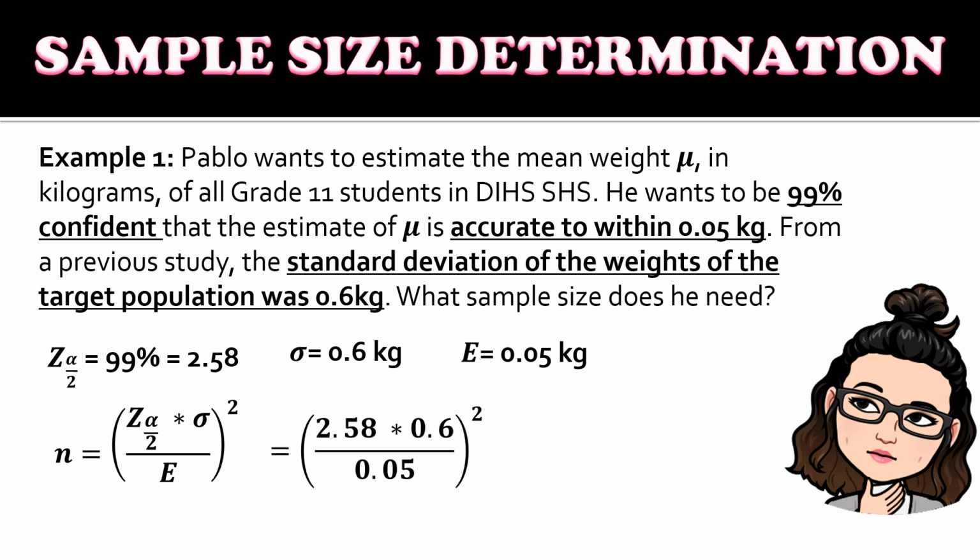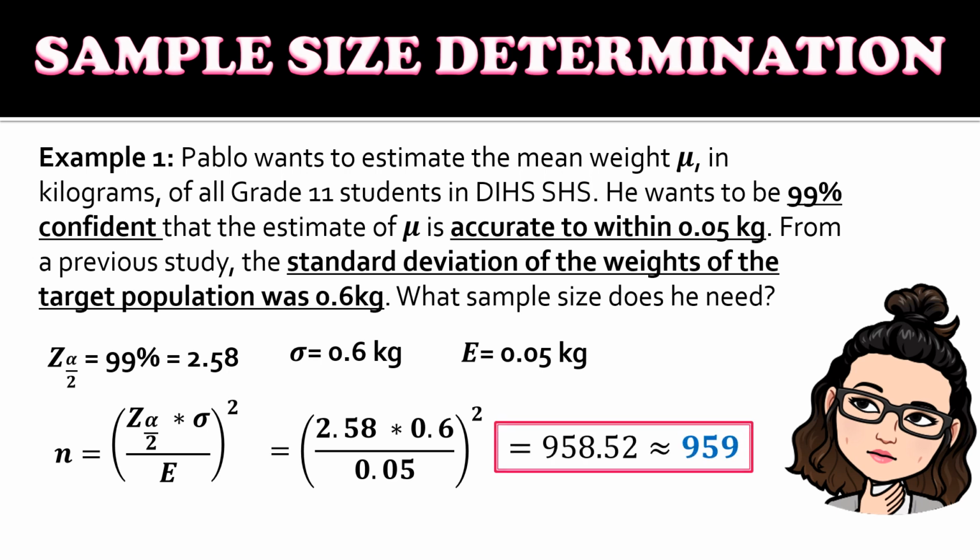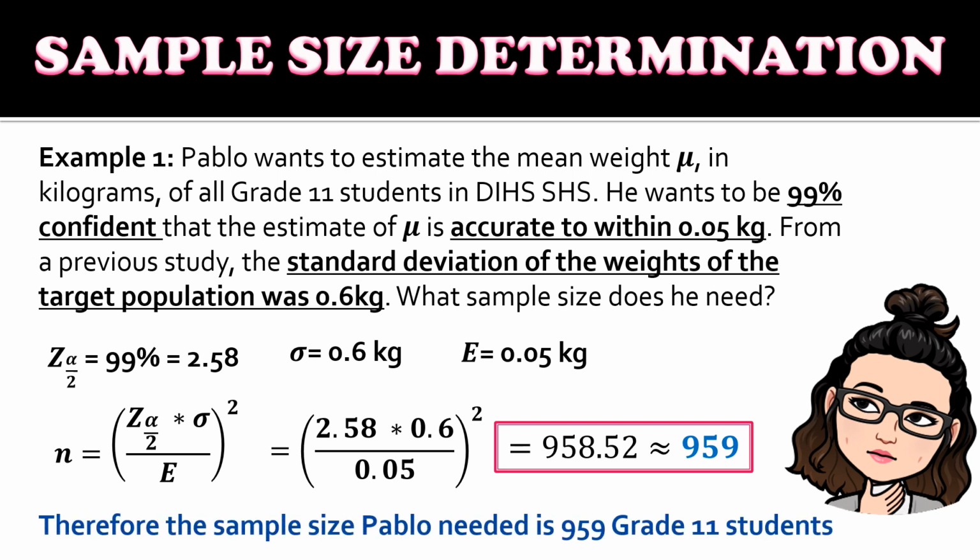We will have 2.58 times 0.6 divided by 0.05, and then square the answer. We will have 958.52, which is equivalent to 959. So therefore, the sample size Pablo needed is 959 grade 11 students.